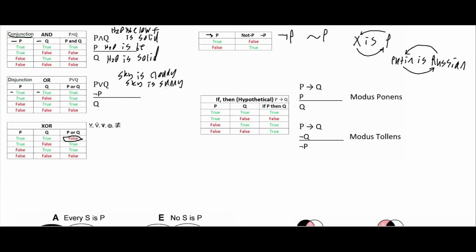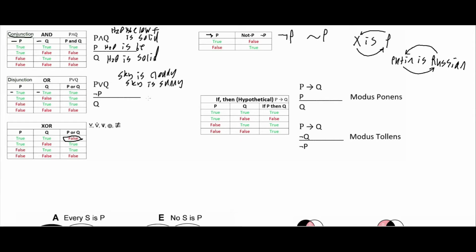But you could also say, if it's partially cloudy, then the sky is cloudy and the sky is sunny, and that would be the inclusion. But if we have P or Q, and then we say not P, then we know Q. For instance, the sky is cloudy or the sky is sunny, the sky is not cloudy, therefore the sky is sunny.